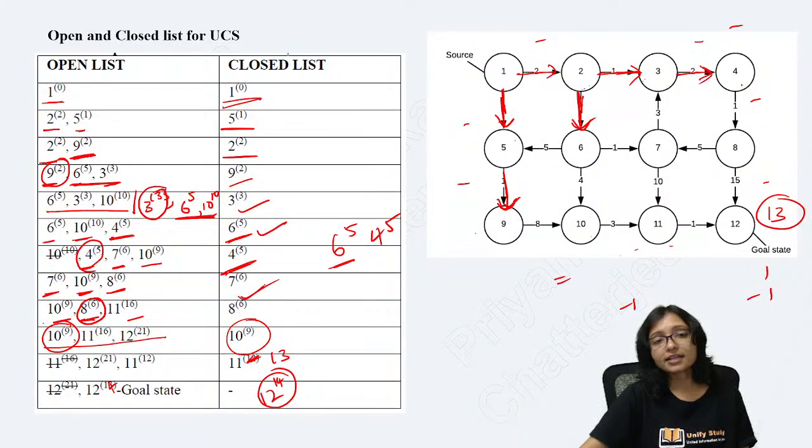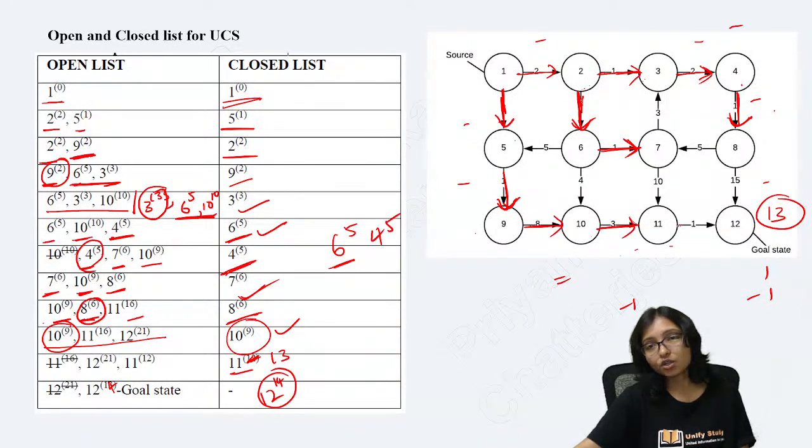Now after that 7. 7 is 6. So how am I able to reach 7? This is the 7. Now after that 8. 8 is 6. So I am able to reach 8 by 6. Now here 10 to 9. This is the 9. Then after that 11.